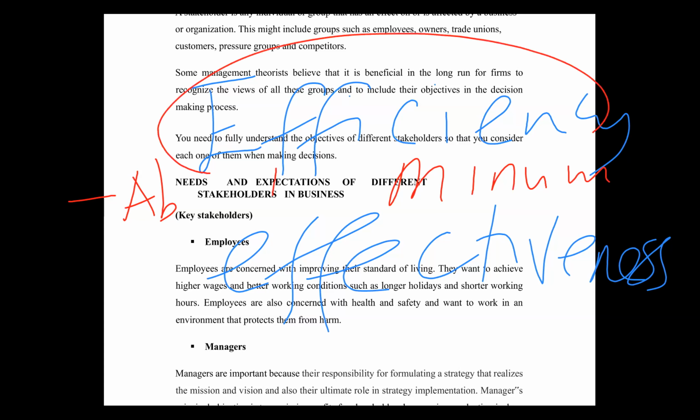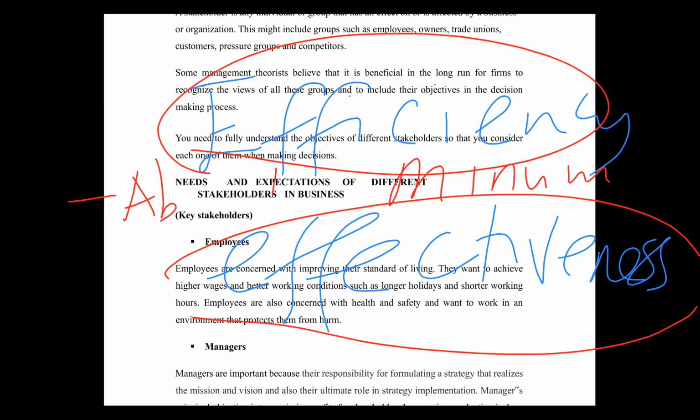That is efficiency. But effectiveness is regardless of the amount of resources that you have consumed, you should have the ability to produce the desired output. So in short, it means having the ability to produce the desired output, but for effectiveness, that is regardless of how much input you have invested. Is that clear?